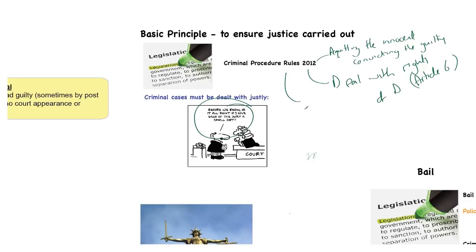They must deal with cases expeditiously, and by that we mean as quickly as they possibly can. If you are awaiting trial for a serious offence, the fact that that will affect the rest of your life is bad enough without that being dragged out over a great period of time. So it's expected that the people that are involved in bringing this to trial will do so in the quickest and most expeditious manner.